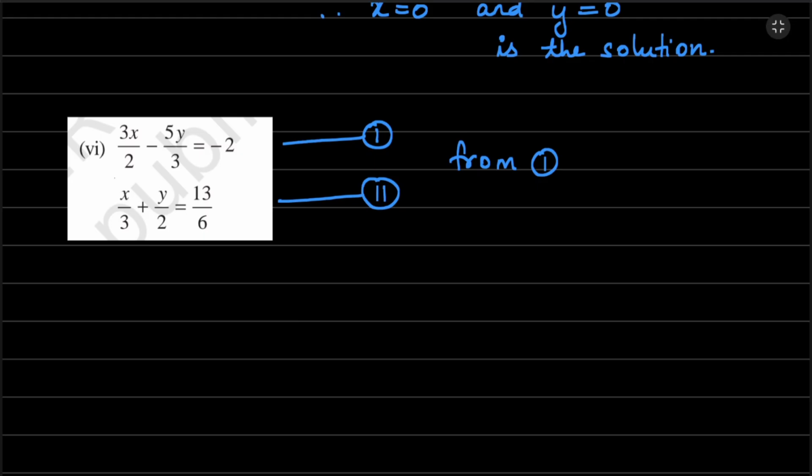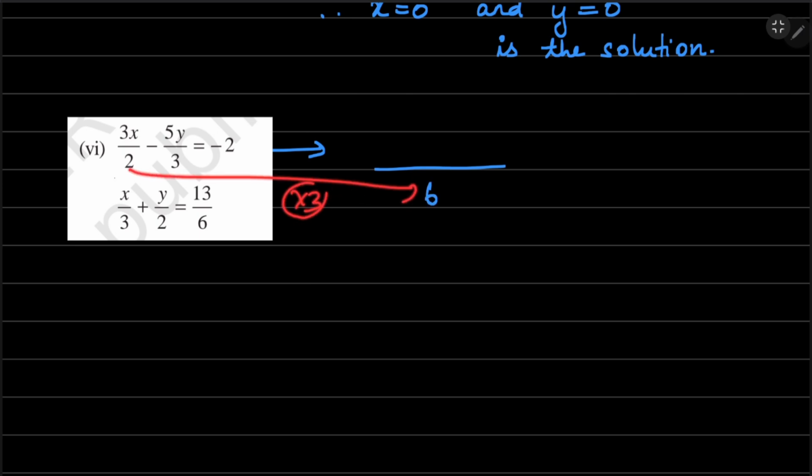You have to write x in terms of y, isn't it? But before writing that, what we can do is, you can take the LCM and remove the fraction. So for the first equation, what is the LCM? It is 6. So what does the numerator become? 2 into 3 is 6. So 3 multiplied by 3x, which is nothing but 9x.